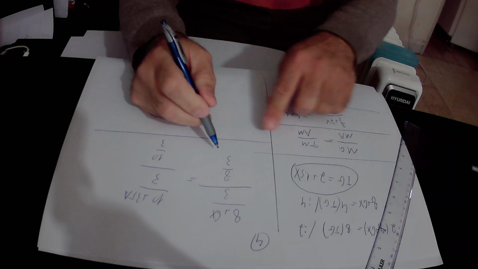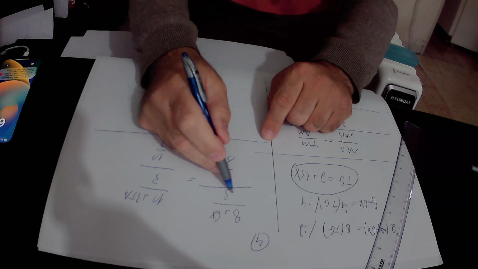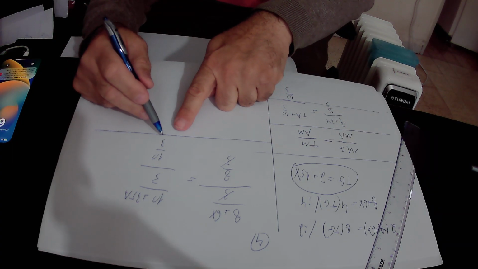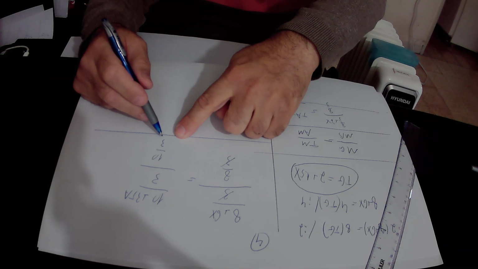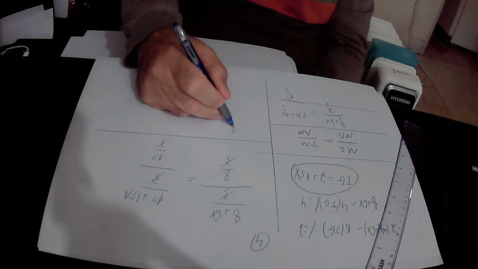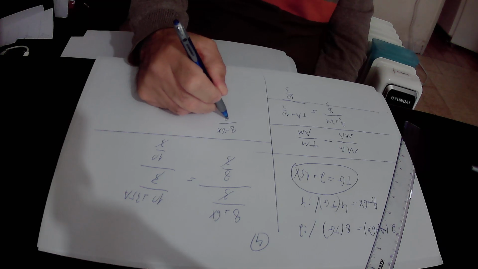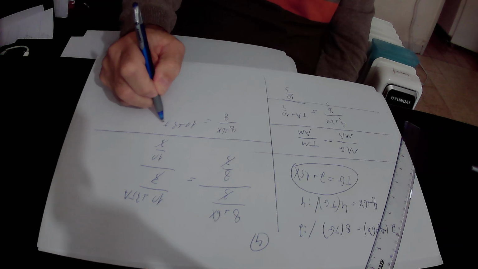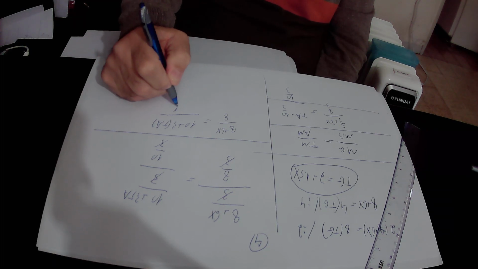So on this side of the equation we have 3 in the numerator and 3 in the denominator, so the 3 will get cancelled. Also on the other side of the equation we have 3 in the numerator and 3 in the denominator, so the 3 will also get cancelled, and we're left only with 8 plus 6x over 8 equals 10 plus 3TA over 10.